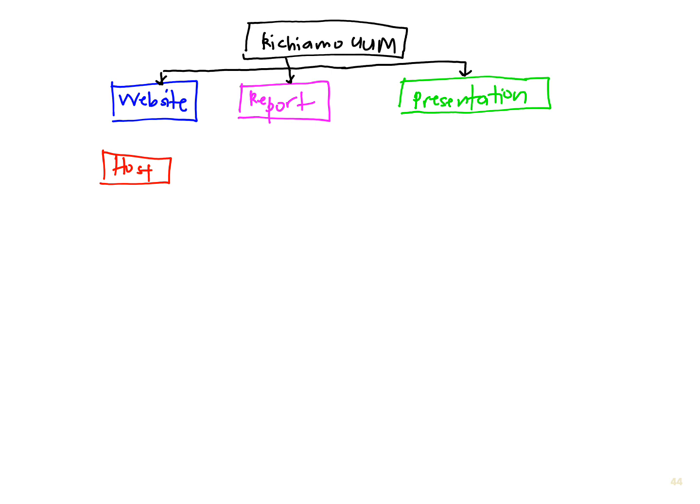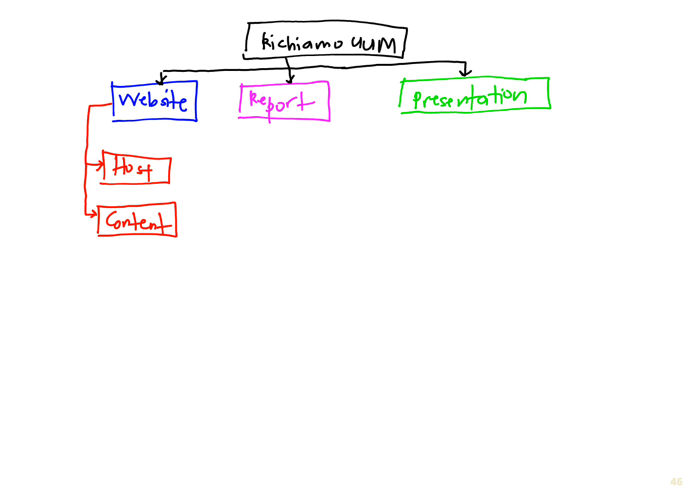Right? So I need to find out what kind of host I want to use, and then I need to think about what kind of content my website would contain. These are the subtasks within the website. And if I want to be more detailed, I can have subtasks for the content.